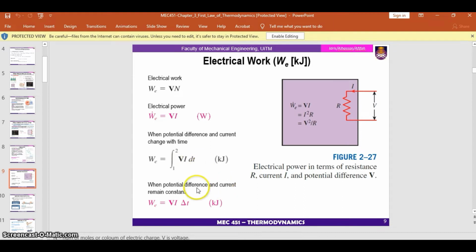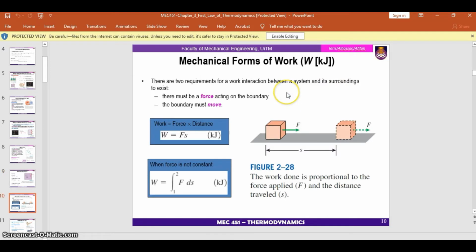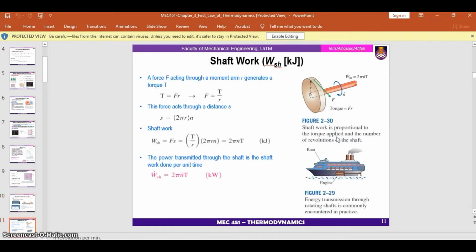This is the formula of the work based on electrical power. Number two, the work based on the mechanical form of work. This is the mechanical form where I have already told you about the analysis based on the moving part. And another work comes from the shaft work.